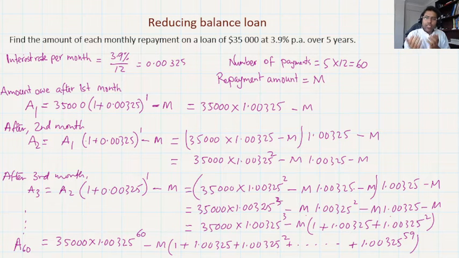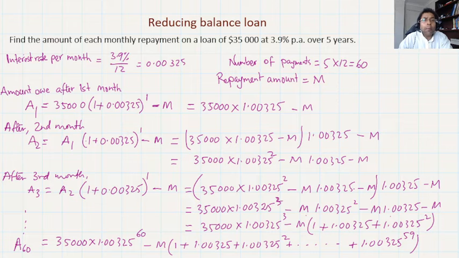So what about the interest rate per month? Because the interest rate is given per annum, our job is to calculate the interest rate per month. It's 3.9% divided by 12, because 3.9% is the per annum rate. Dividing by 12 gives you the per month interest rate, which is 0.00325.